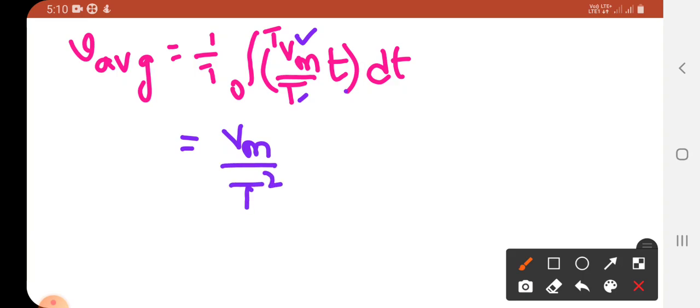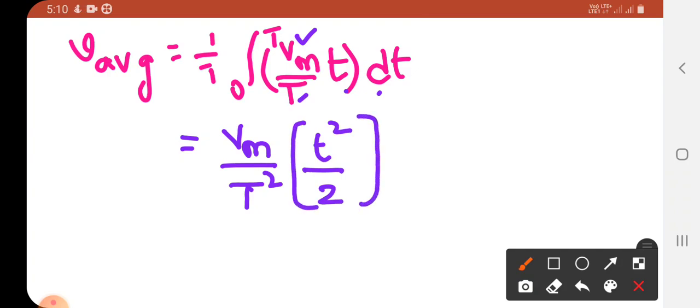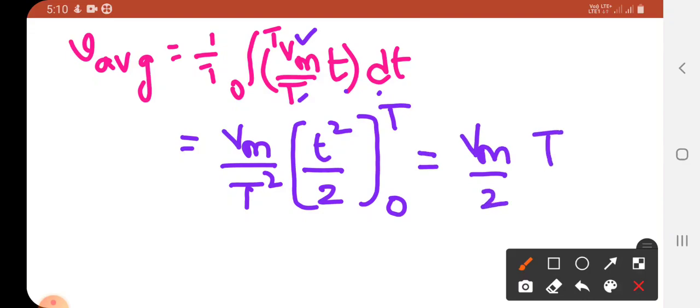What is the integration of t? Integration of t is t square by 2, with limits 0 to T. Therefore, this value is Vm by 2 into T square by T square. So T square gets cancelled.